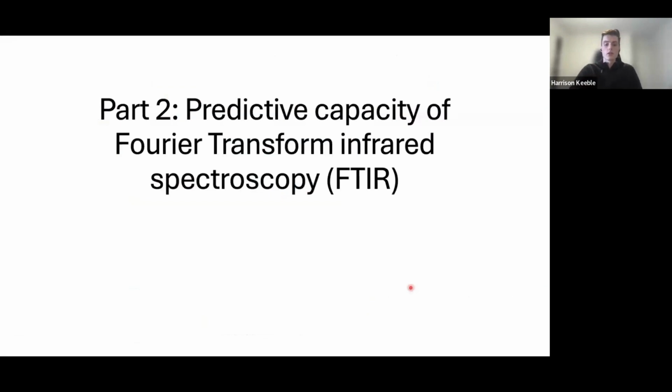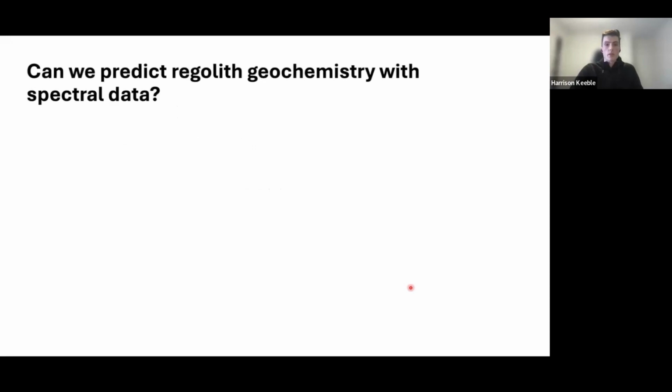Now on to the main focus of my honours project and this talk, which was on the predictive capacity of Fourier transform infrared spectroscopy, more commonly termed FTIR. The main question posed was whether it's possible to predict regolith geochemistry purely from spectral data.